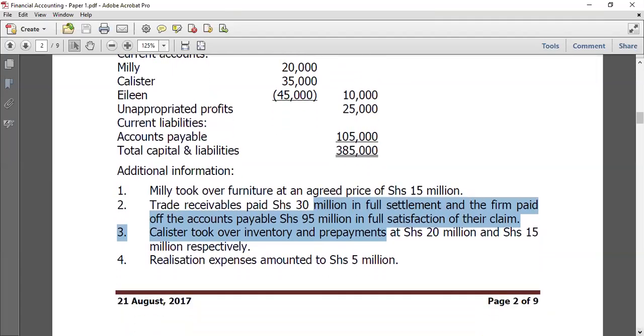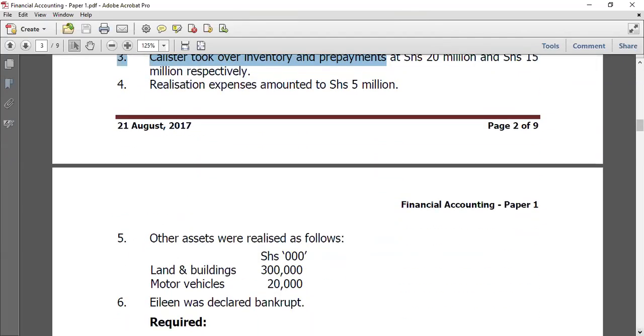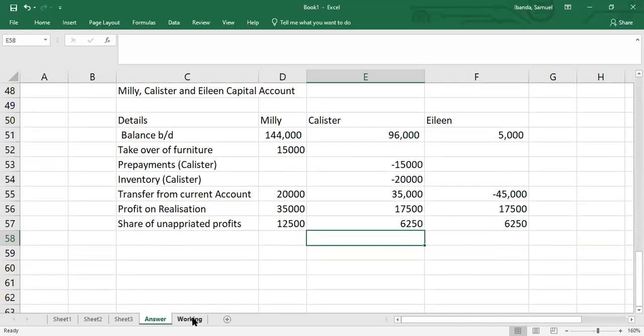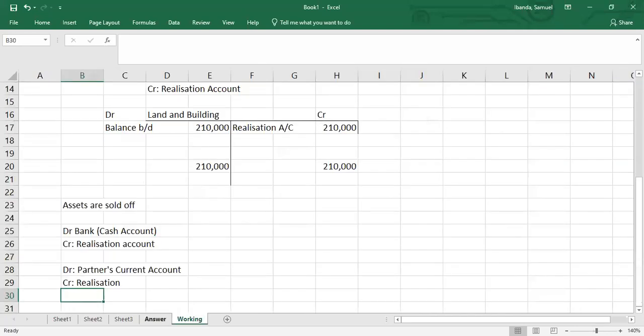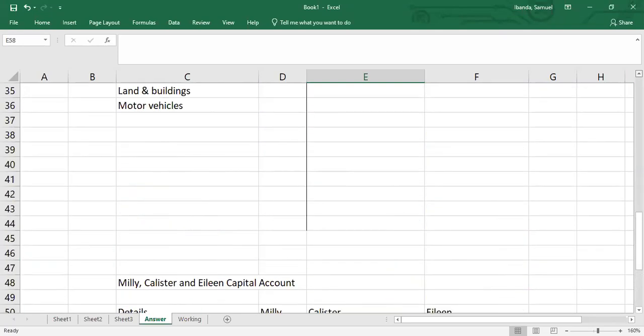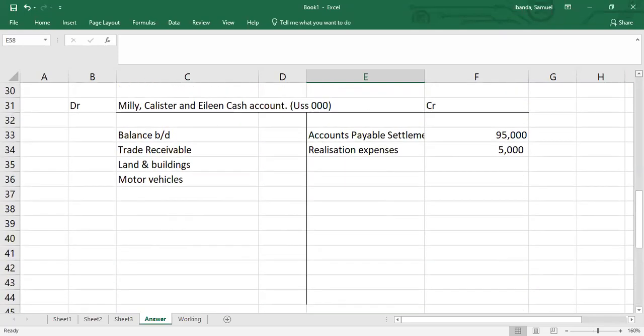So having that in mind, we need to also know that our bank account here, remember we have some money in our bank account, and in most cases it is actually the amount of money that the partners go ahead to share, okay?